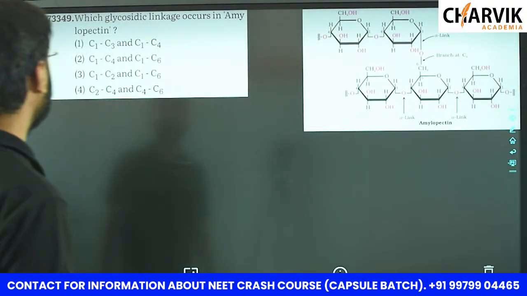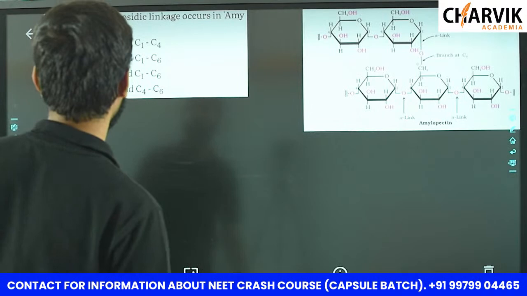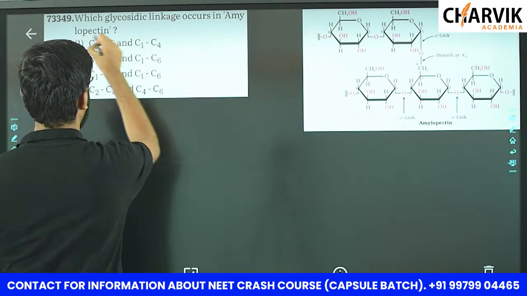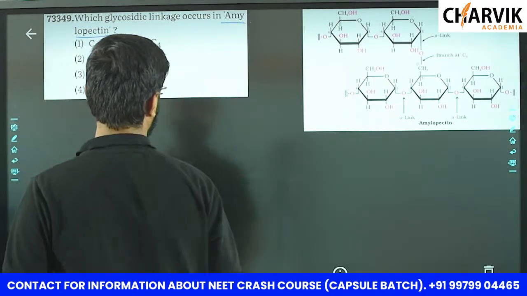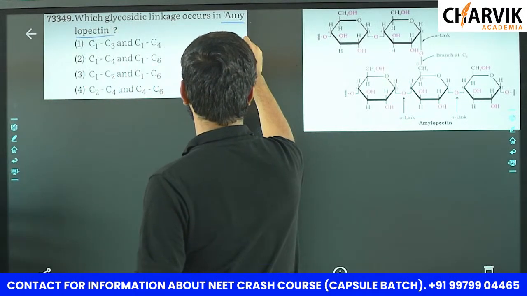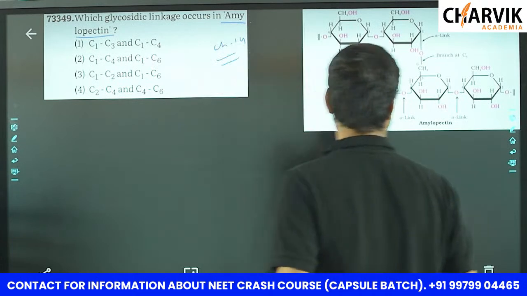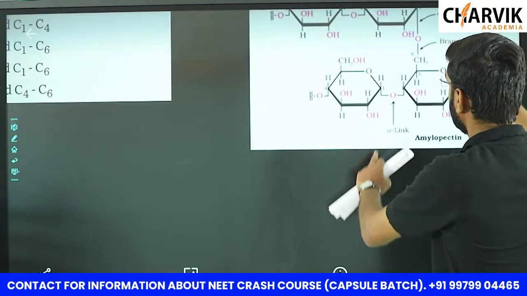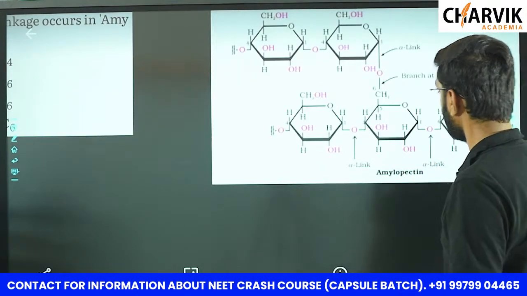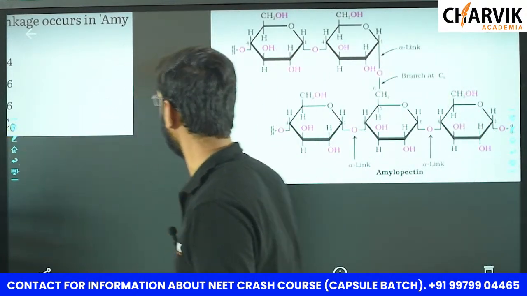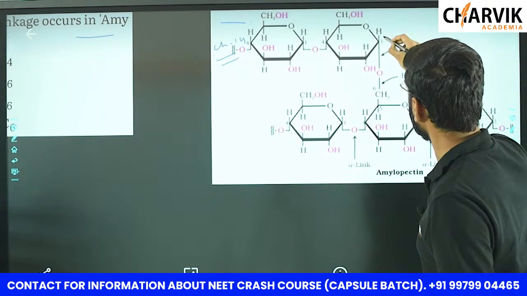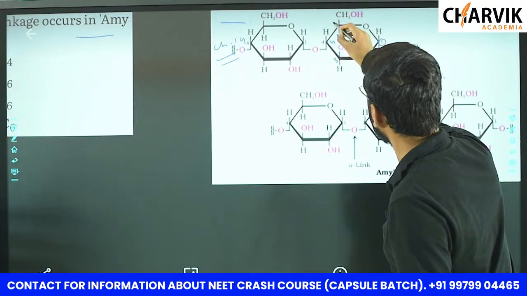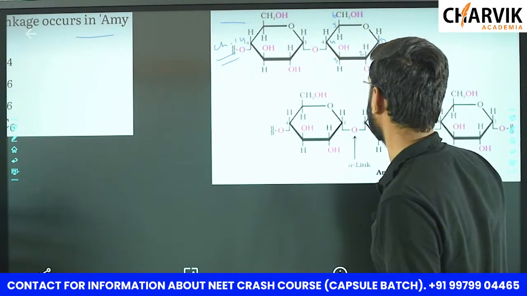Which glycosidic linkage occurs in amylopectin? Question from chapter 14, biomolecules. You can see here in case of amylopectin, this is your first carbon, second, third, fourth, fifth, and sixth.